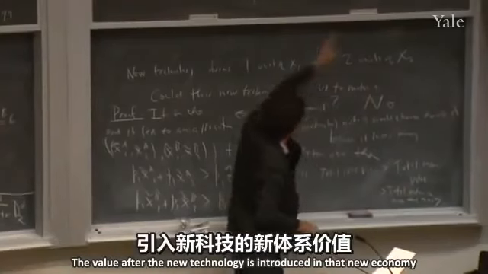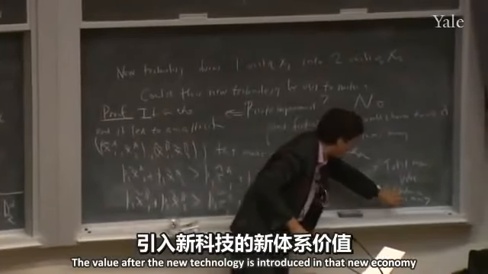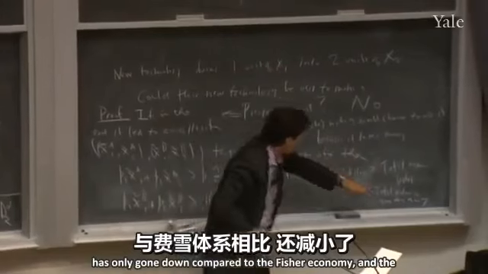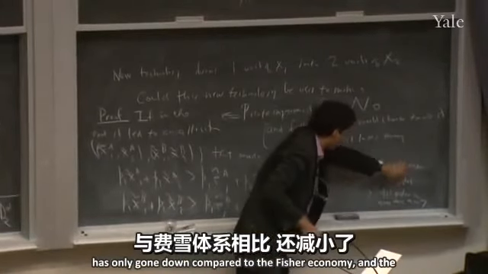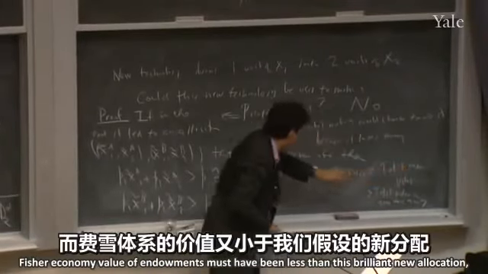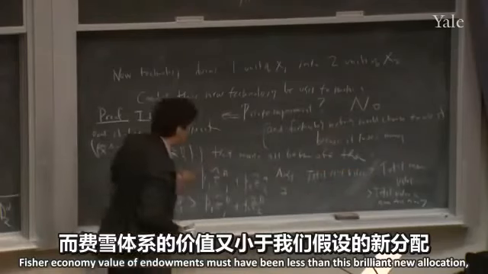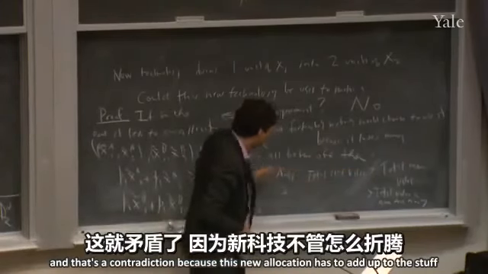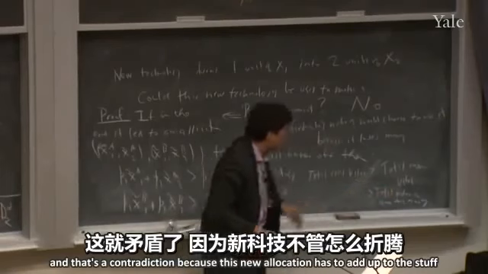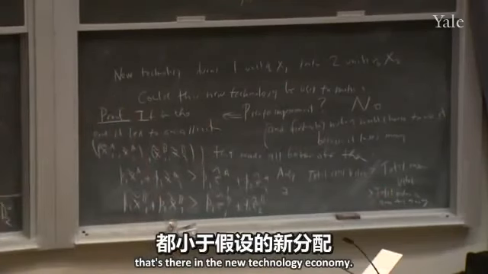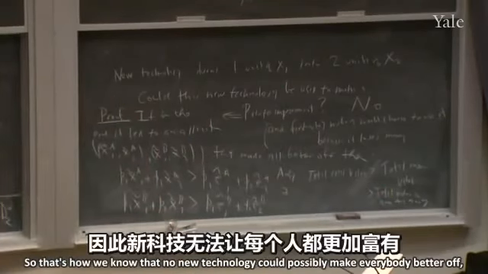The value after the new technology is introduced in that new economy has only gone down compared to the Fisher economy. And the Fisher economy value of endowments must have been less than this brilliant new allocation. And that's a contradiction, because this new allocation has to add up to the stuff that's there in the new technology economy. Okay, so that's how we know that no new technology could possibly make everybody better off.